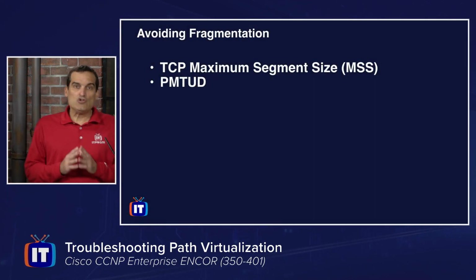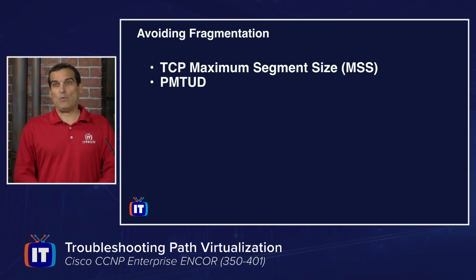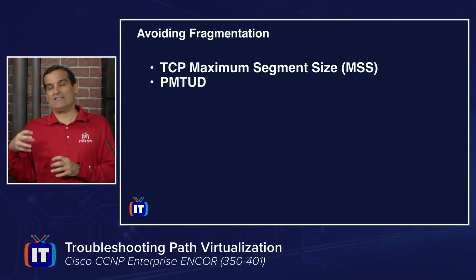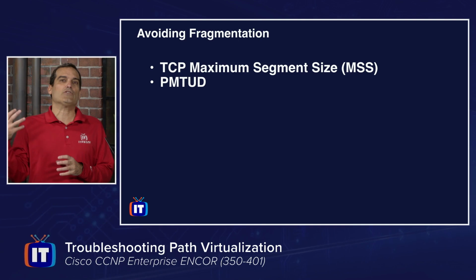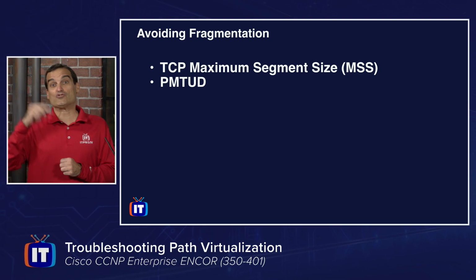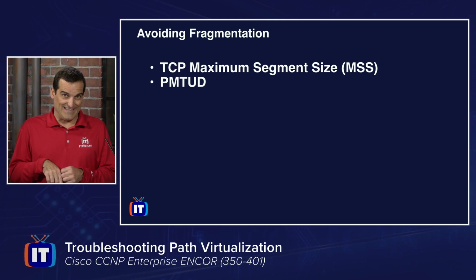Now, to avoid fragmentation, why do we want to avoid it? Well, it places additional overhead and complexity on the whole thing. Oftentimes you'll have interfaces that may have the necessary compute power to be moving traffic, but they're struggling because of the amount of fragmentation and reassembly that they need to do.